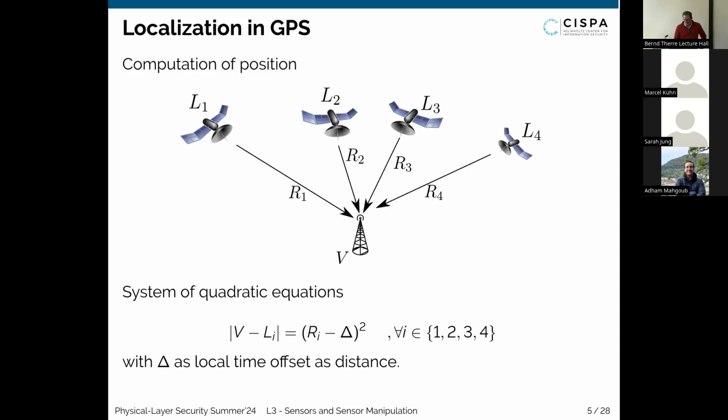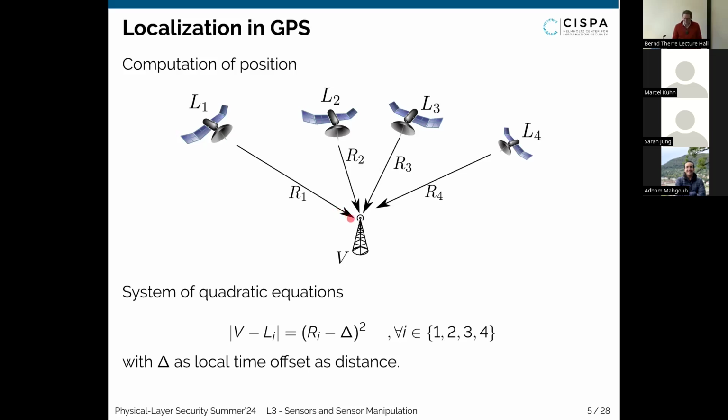The receiver doesn't know its own location. The receiver might also not know its own time, but what the receiver knows through the signals coming from the satellites is at which point in space roughly the satellite currently is located. And the receiver knows for each satellite at which point in time it received certain beacon signals from the satellites.